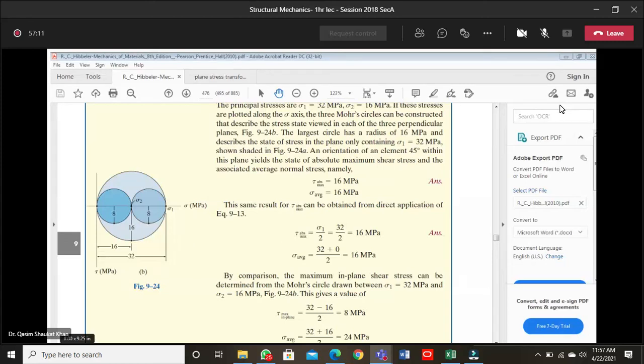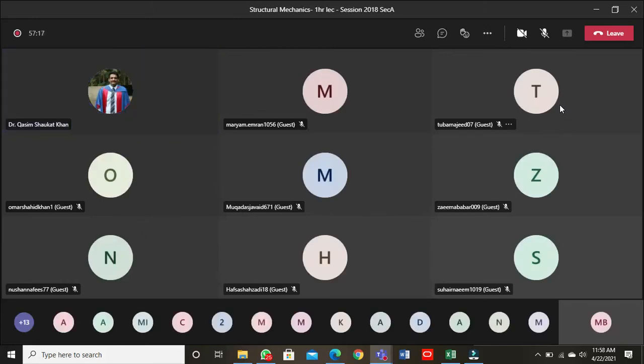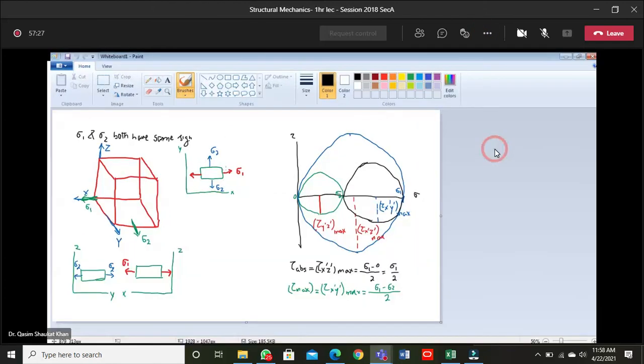Let me show you again. So this is that first case. Now here we are given sigma 1 as 32 megapascals, sigma 2 is 16 megapascals.